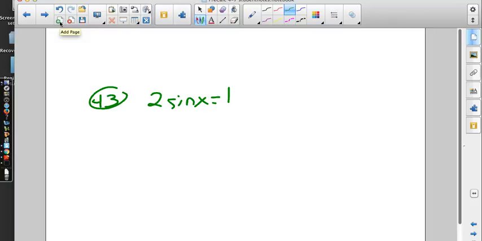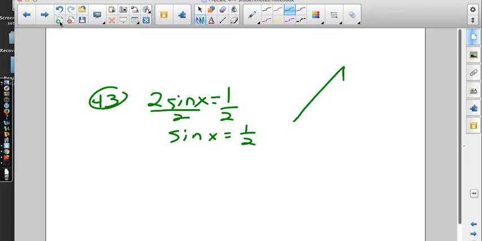All right, so 2 sine of x equals 1. And I realize that even a trig function is still like an equation. So the first thing I would do is divide by 2 and say the sine of x equals 1/2. And hopefully the bells and whistles go off and you go, wait a minute, I know that angle. I know that triangle. If sine is going to be 1/2, opposite over hypotenuse, okay, that's a 30-degree angle, which is pi over 6.